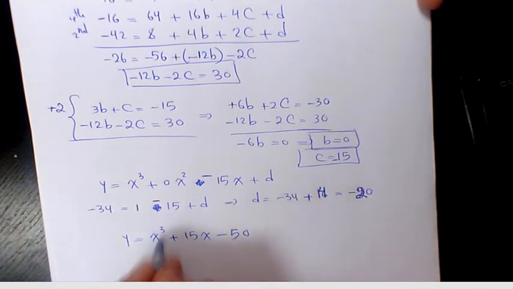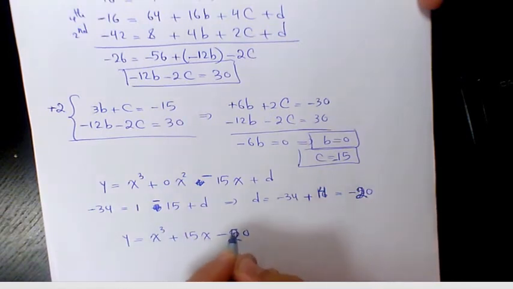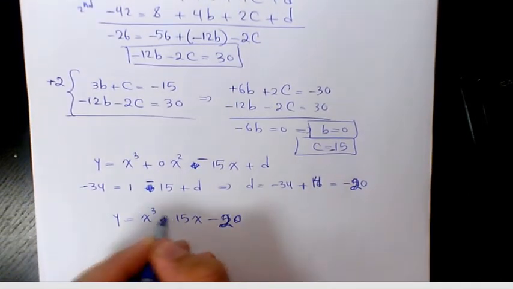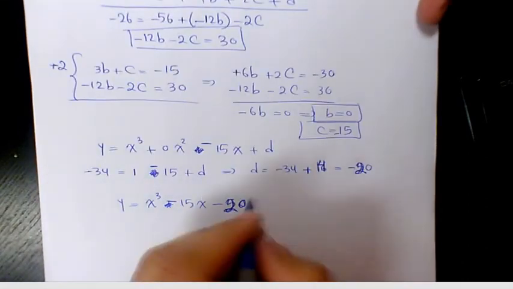So it's going to be x cubed minus 15x minus 20.